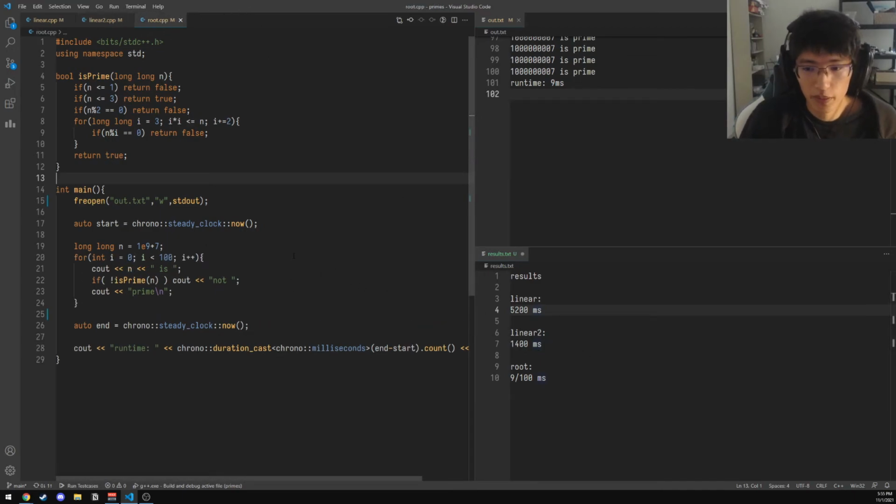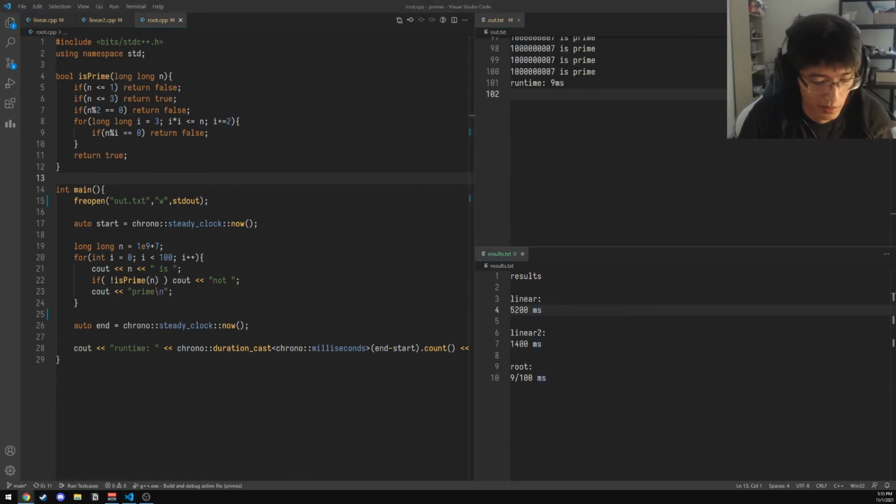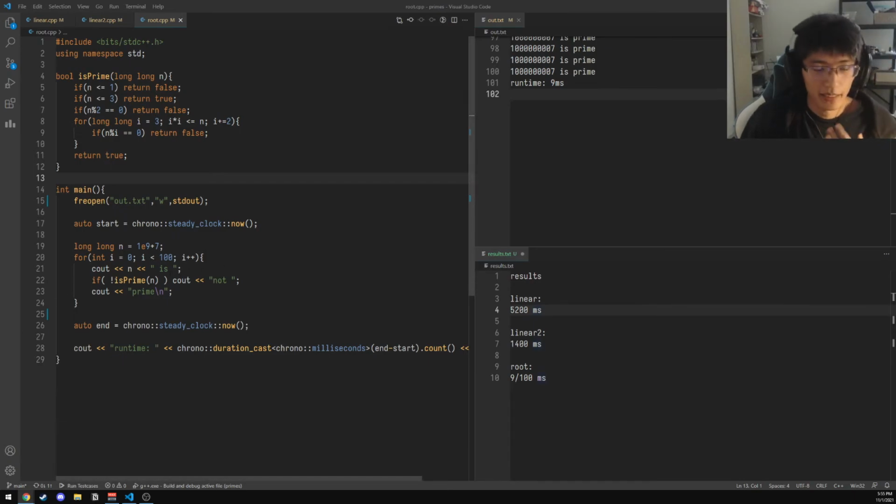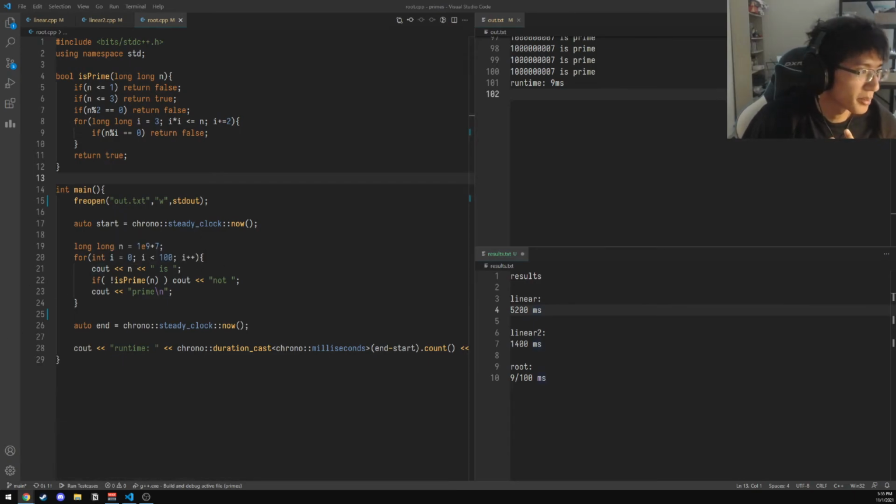If you take the square root of 1 billion, or 10 to the 9, so 4.5-ish, 1, 2, 3, 4, 5, 6, 7, 8, 9.